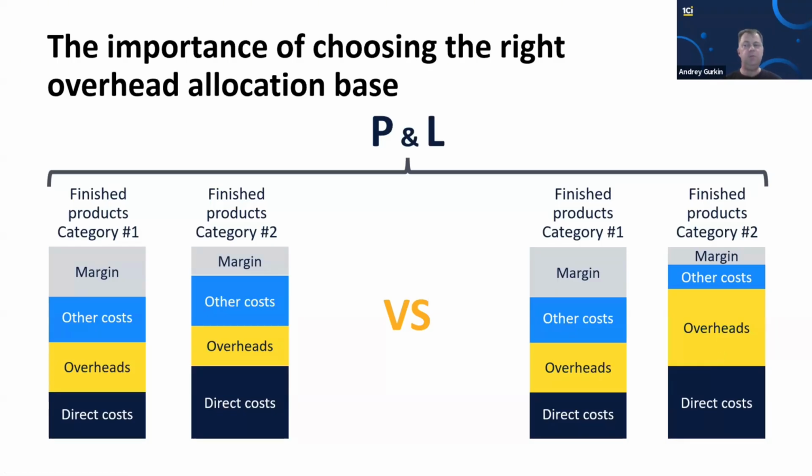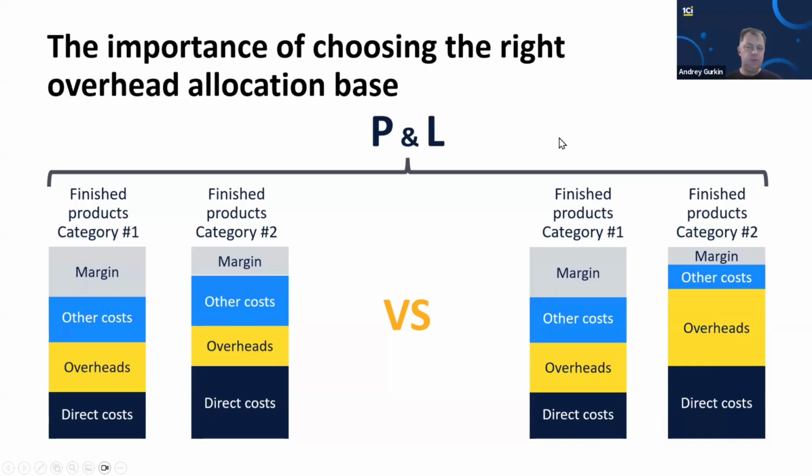For example, if you have chosen an inappropriate allocation base, you will see that for the same situation, you have 100% on the left and on the right hand.